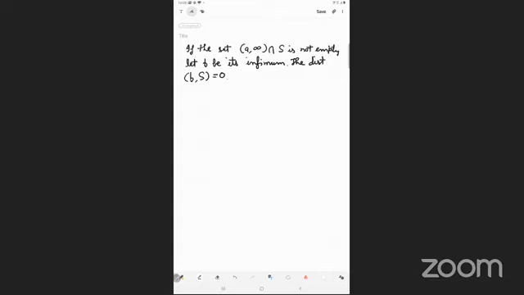This is quite obvious. Then we can say that either B is equal to A or the interval AB is a subset of R minus S. Whatever the case may be, in either case the distance of B from R minus S is 0.